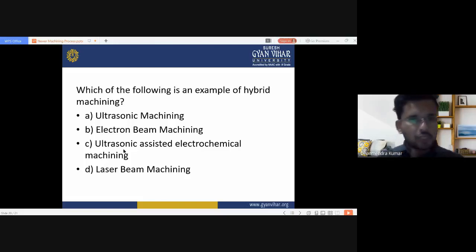One is ultrasonic, which uses mechanical energy, and the other is electrochemical machining, which uses chemical energy. Then our option is C, because it uses two types of non-conventional machining for the material removal process.